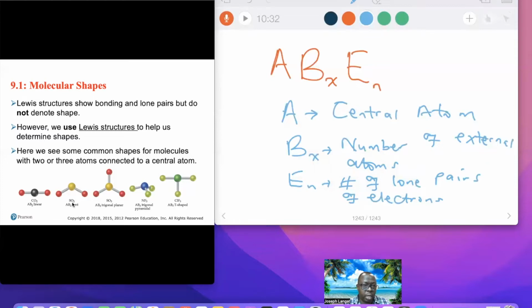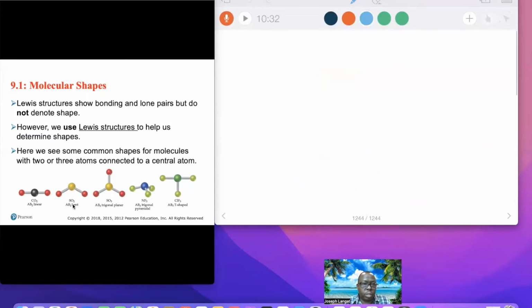You have to remember the general formula, AP2EX. Let's say, for example, how do we know that this is linear? How do we end up with that? So if I draw the Lewis structure for CO2, remember rule number one: count the total number of valence electrons.